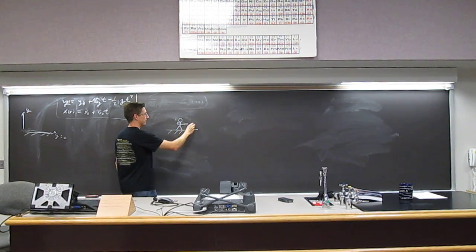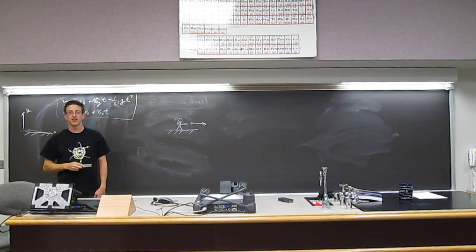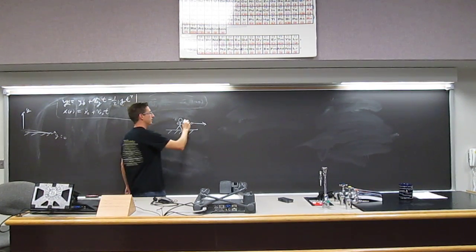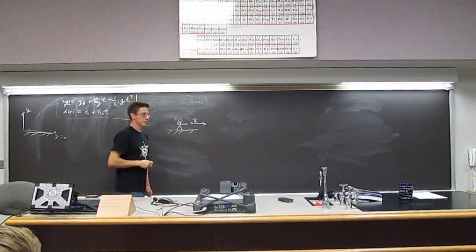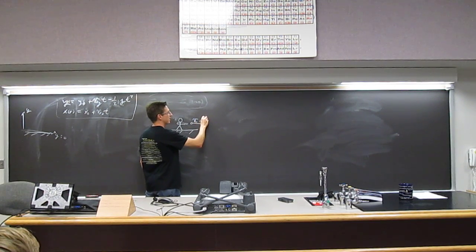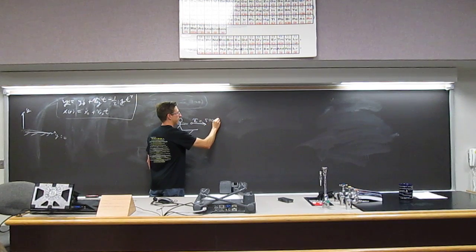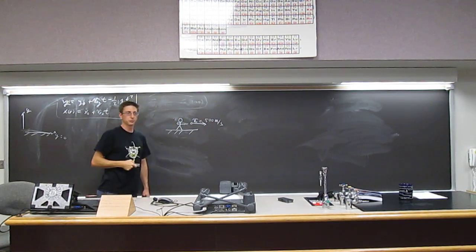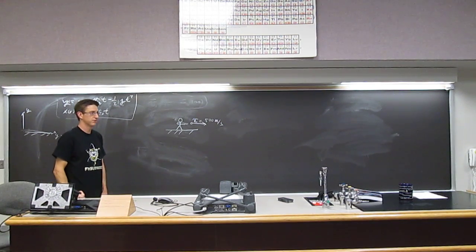And the bullet starts out horizontally, and so it's all in the x direction. And let's say that it's 500 meters per second is the initial speed. So about 1800 FPS, something like that.